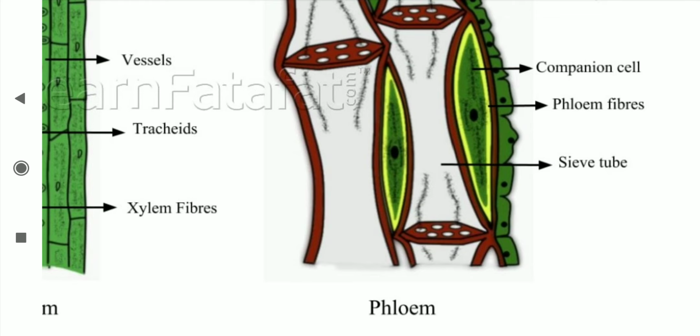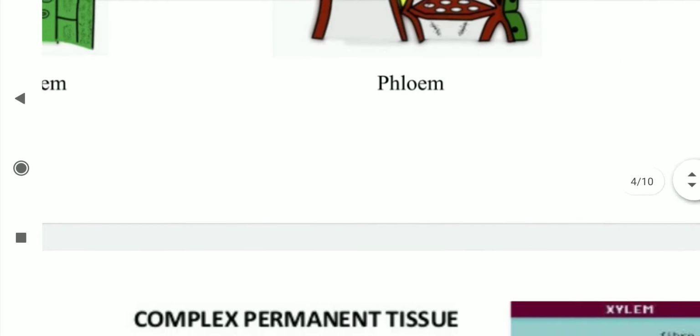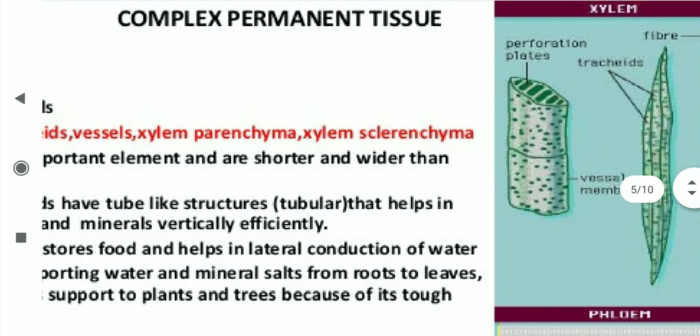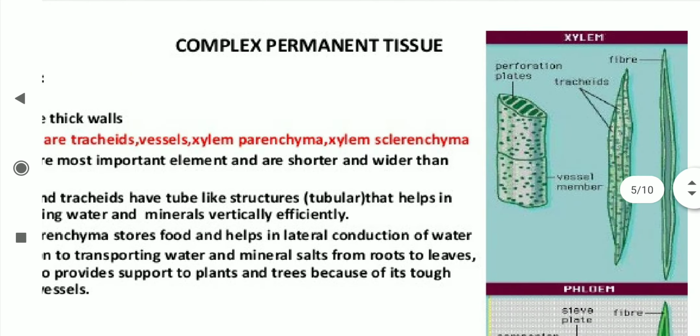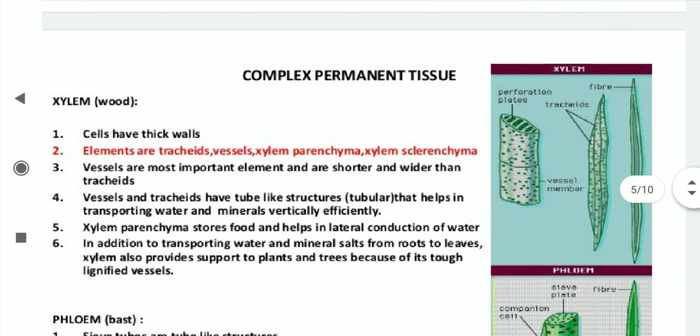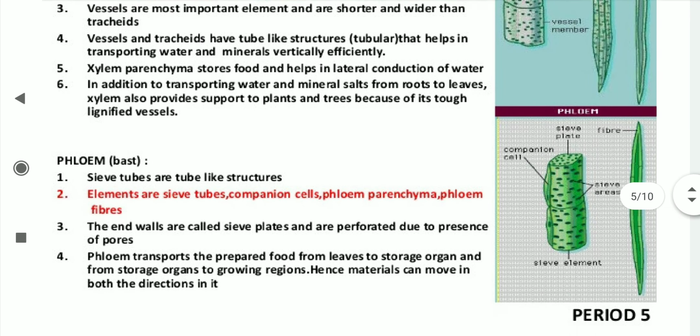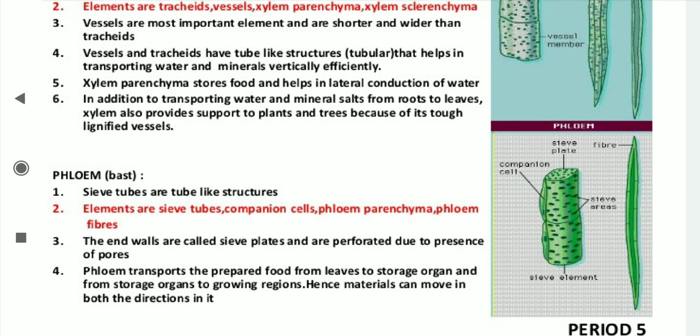Now what is the function of this phloem? One more picture is there, children. What is the function of phloem? The main function of phloem is translocation of organic solutes from leaves to the storage organs and later from storage organs to growing region.